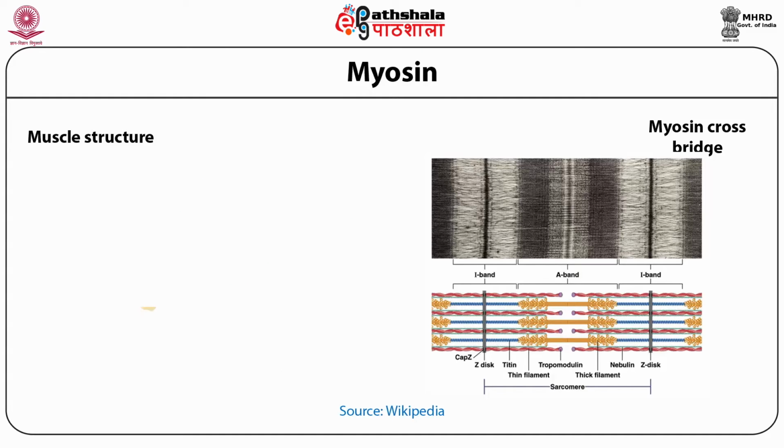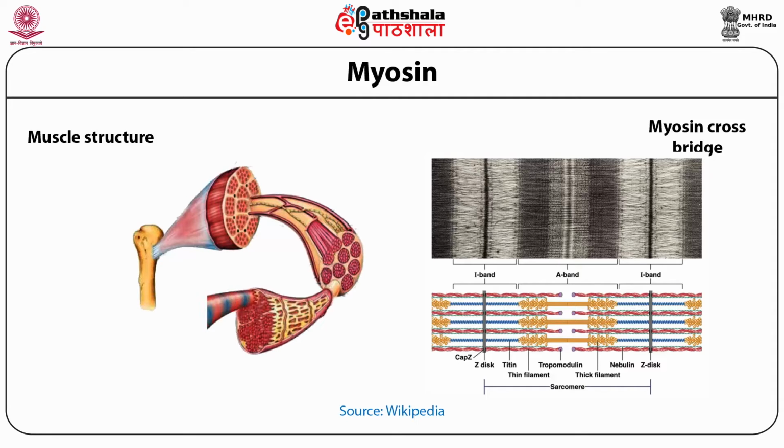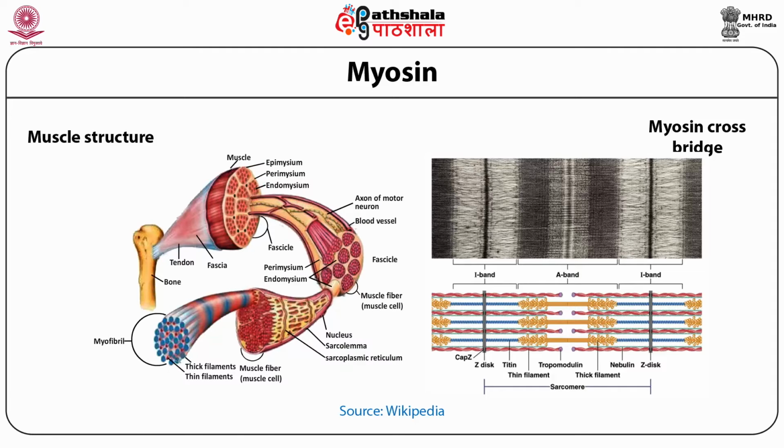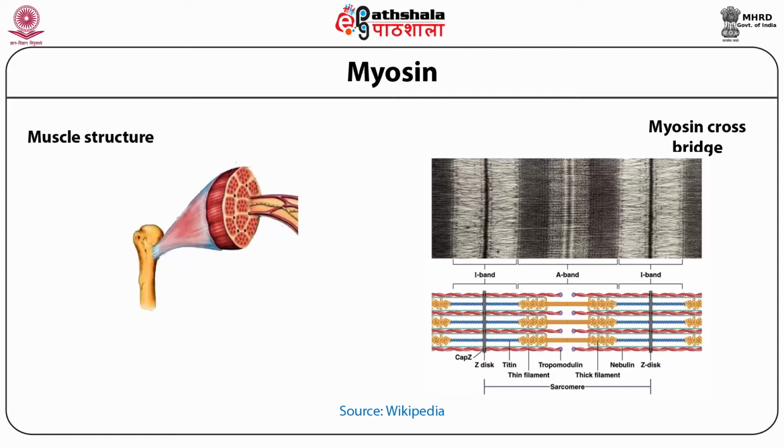The light bands are made up of actin filaments, and the dark bands are made up of myosin filaments. The dark myosin filaments form bundles, and they slide over the actin filaments. And that sliding is basically responsible for muscle contraction.